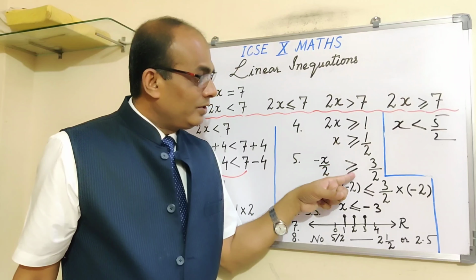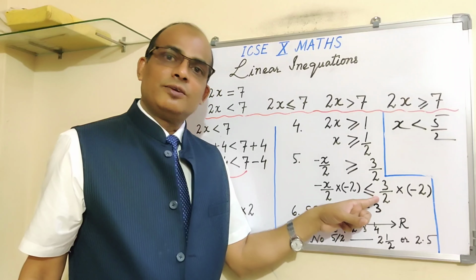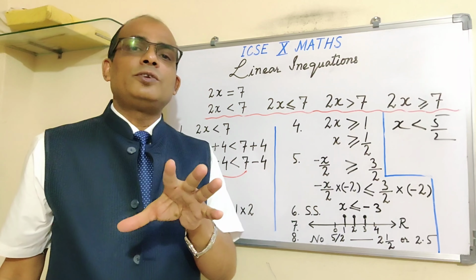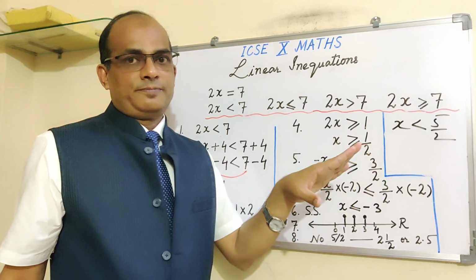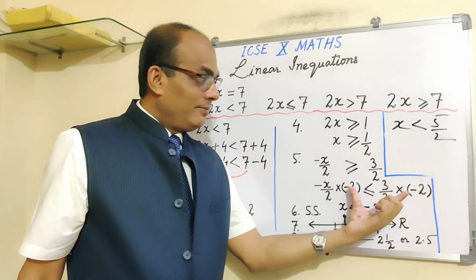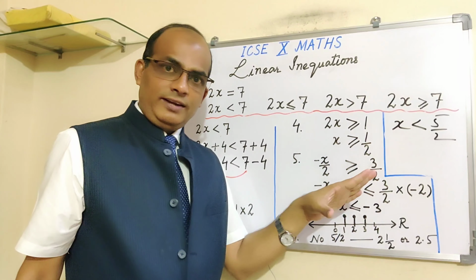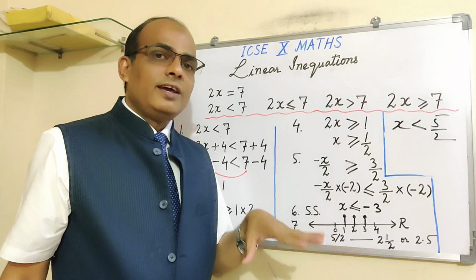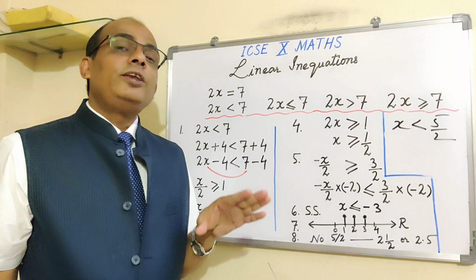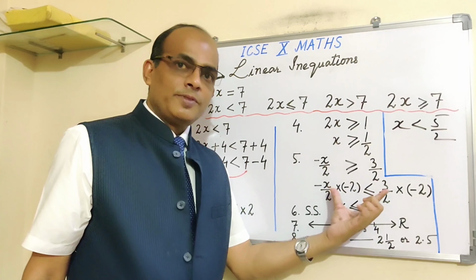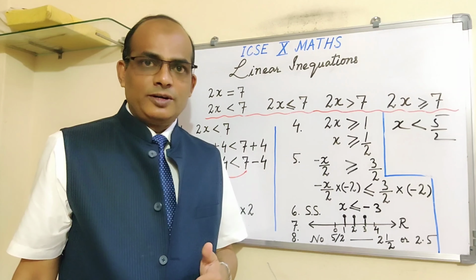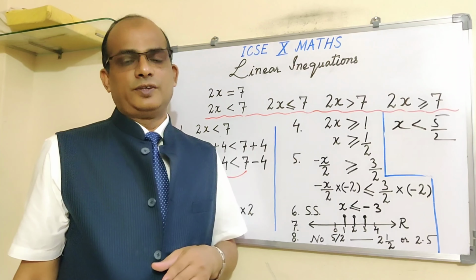Is greater than or equal to is becoming is less than or equal to. And the same thing is true when you divide. Similarly, when you divide both sides of the inequation by the same negative number, again the inequality is reversed.